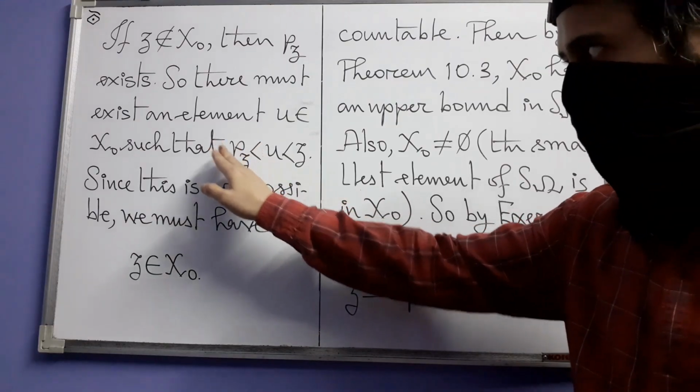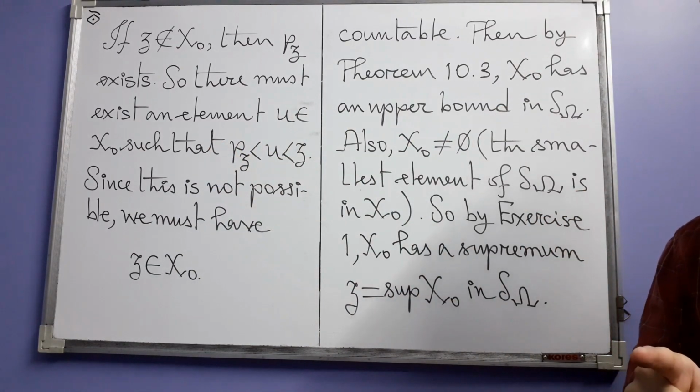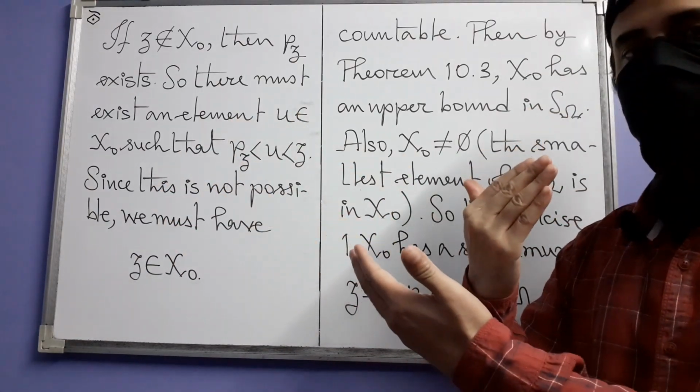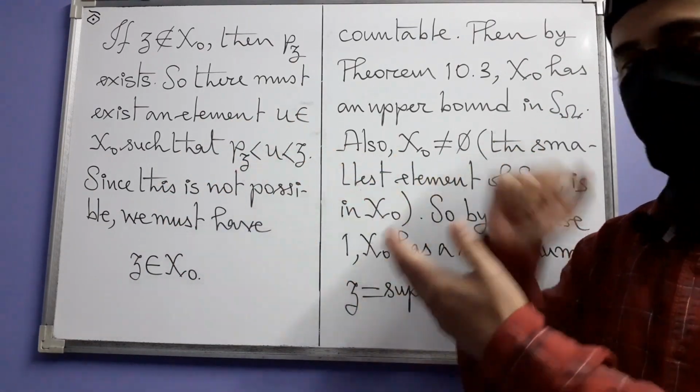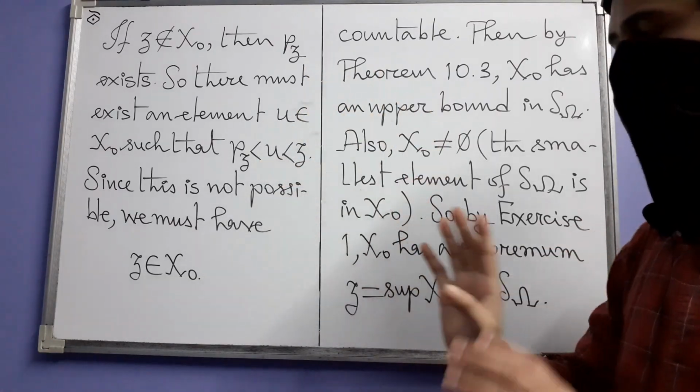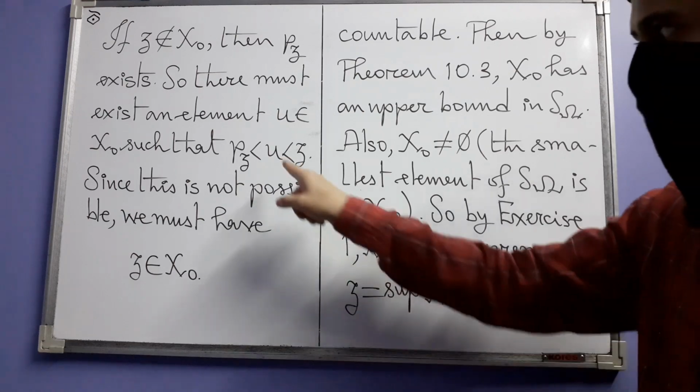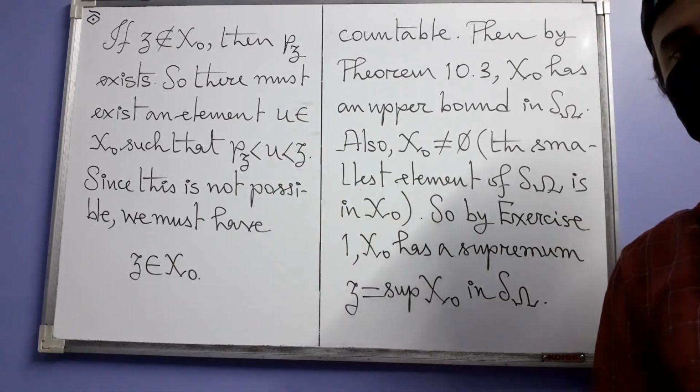So for this element to not be an upper bound for X naught, there should be at least one element in X naught which will exceed this element, because then only it will fail to be an upper bound. If everything of X naught lies on that side of Pz, then Pz becomes an upper bound. So that is why one such U will exist.